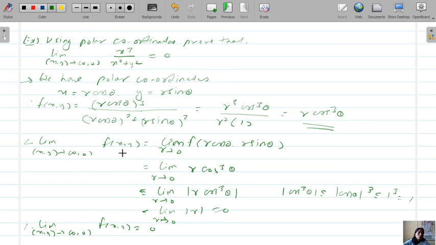Limit (x,y) tends to (0,0) of f of x y becomes simply limit r tends to 0 of whatever function in terms of r and theta, and simplify this, you will get the answer equal to 0. You will observe that as compared to epsilon delta, this polar coordinate method is easy.